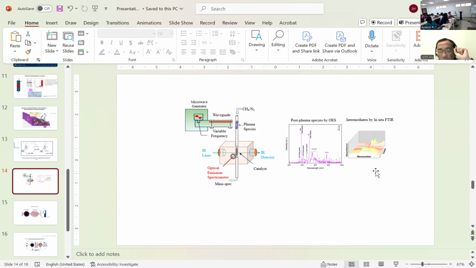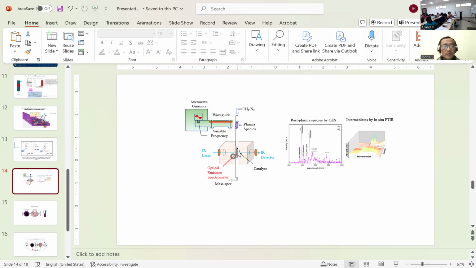Once that happens, we use in situ FTIR to see what species react on the catalyst surface. This in situ FTIR is very, very powerful because we have OES spectra and in situ FTIR spectra. We combine them. One spectrum shows the species in the gas phase, and the other shows those species anchored right on the surface. By combining these spectra, you will have a lot of reaction mechanism information.